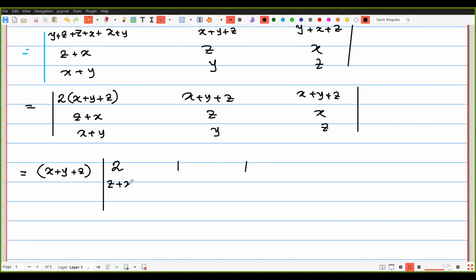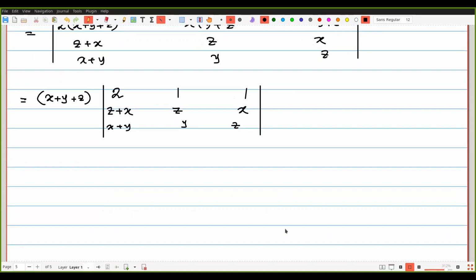Z plus x, z, x, x plus y, y, z. Yet now, we should not continue with the expansion, because without expanding, we have to do that. Okay. So next one operation we are proceeding at that moment.